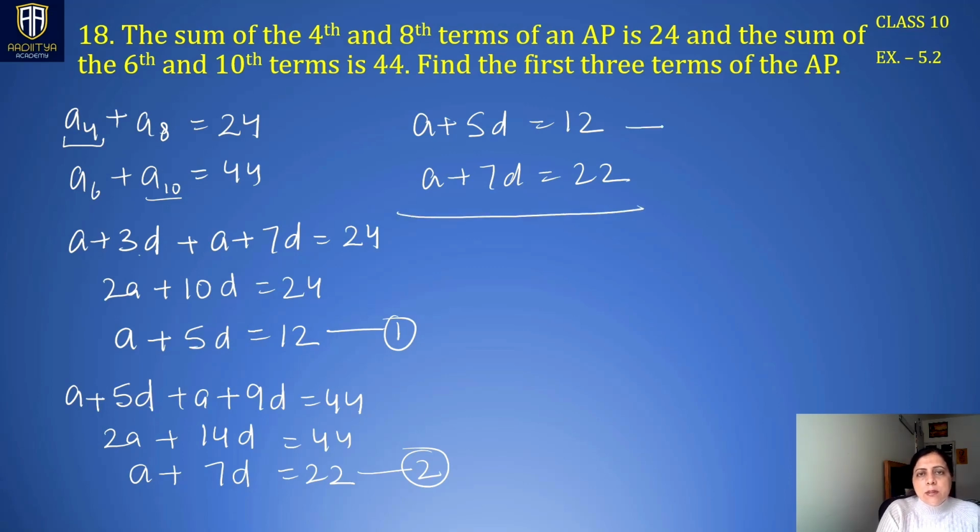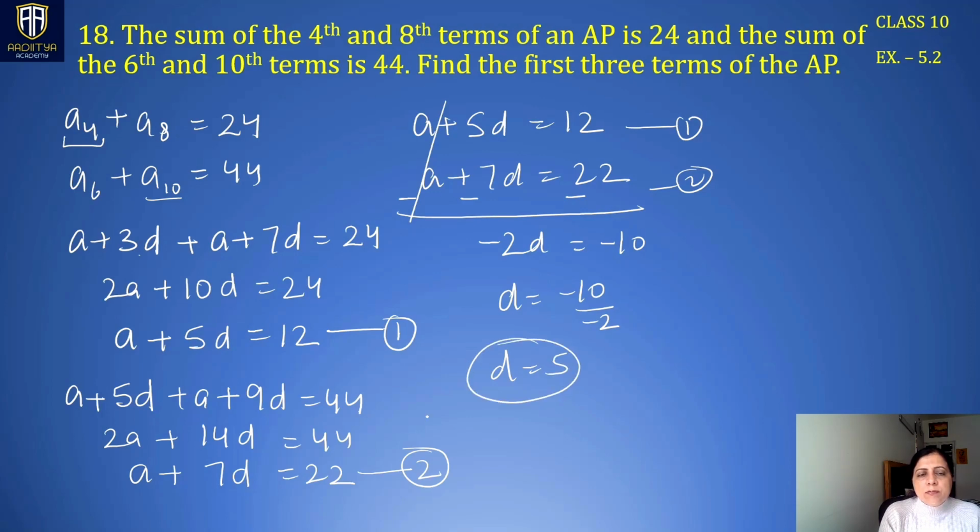Now subtract equation 2 from equation 1. Change the signs of all the terms. 5D minus 7D is minus 2D. 12 minus 22 is minus 10. So D here becomes minus 10 by minus 2. D is 5. Right? First variable we have got.